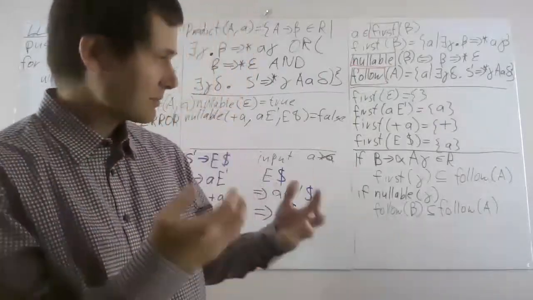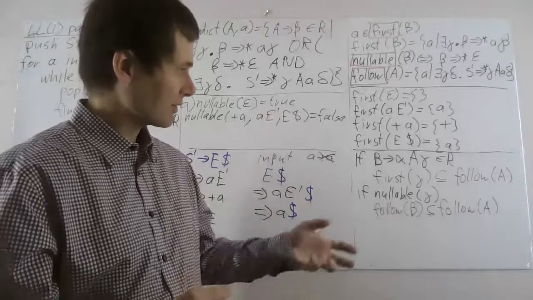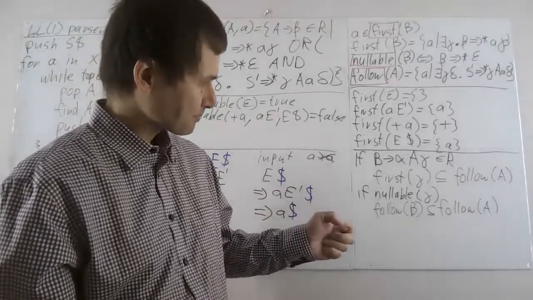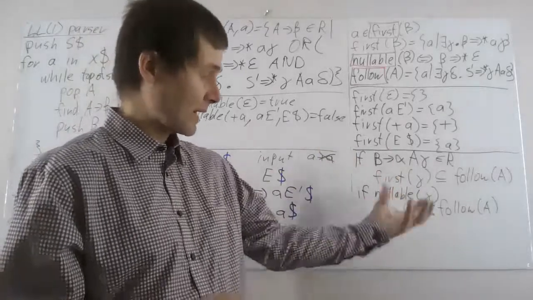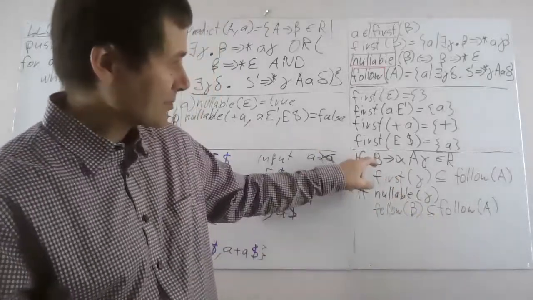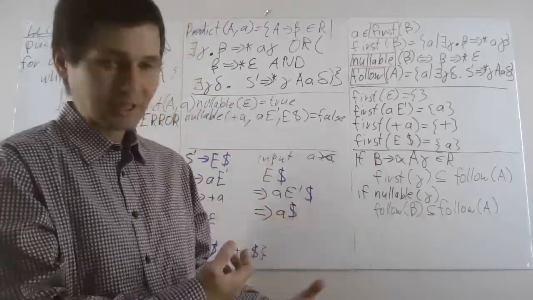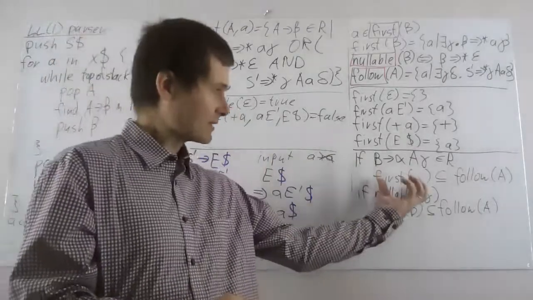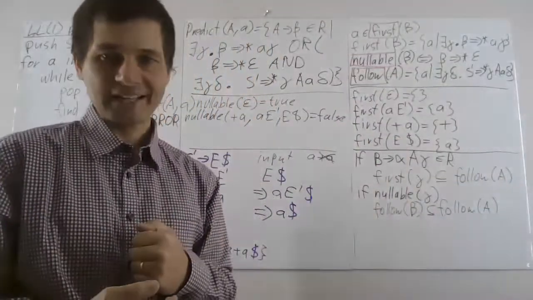So the way that you use these constraints is that you initialize all the follow sets of all of your non-terminal symbols to the empty set. And then you process these first constraints to initialize all the sets. You take these first sets and you add them to all of the follow sets.